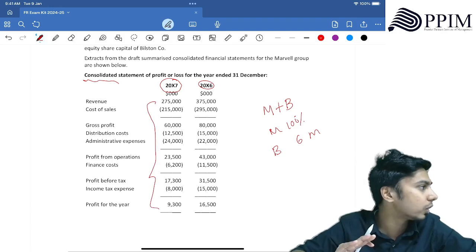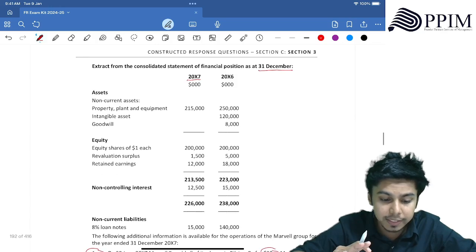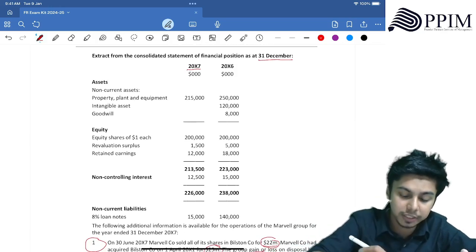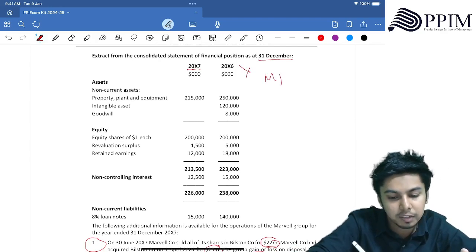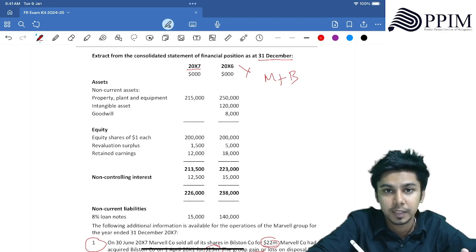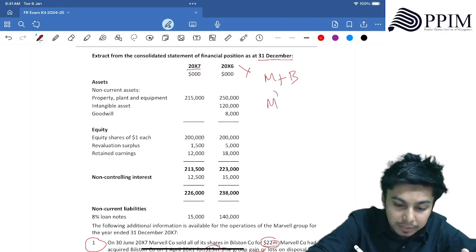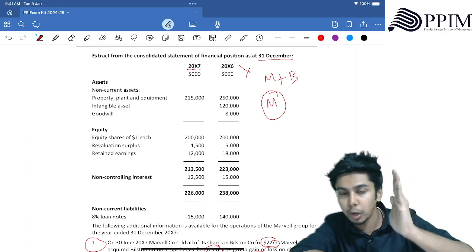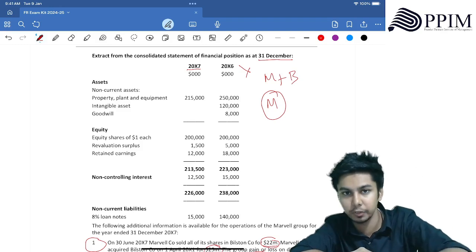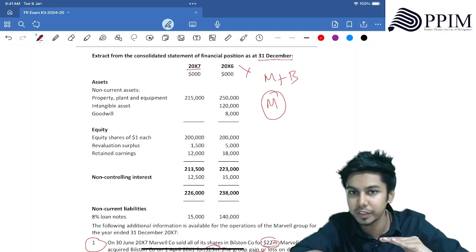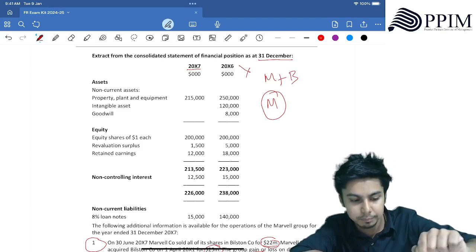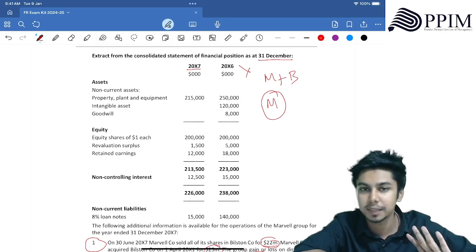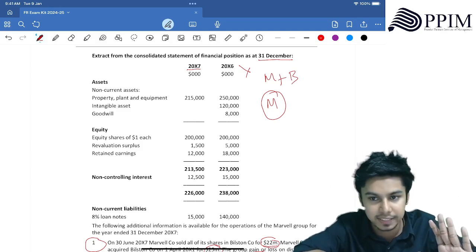That's one thing you should learn. Second, in the statement of financial position in 2006, it's both Marvel plus Bilston. But in 2007, it's only Marvel's numbers, because you're preparing the SOFP on the last day, and on the last day Bilston was not with you. So these numbers in the 2007 SOFP are only Marvel's numbers.